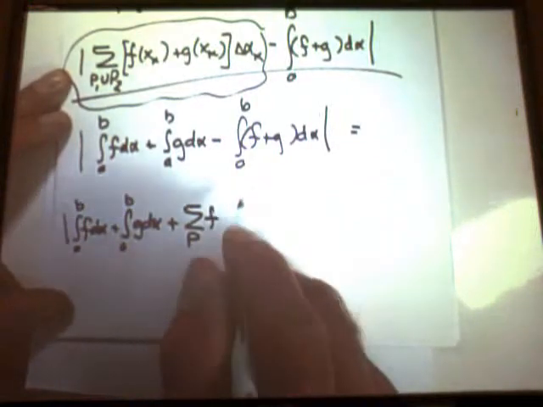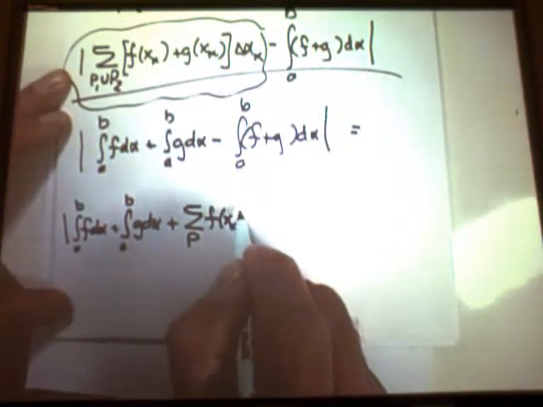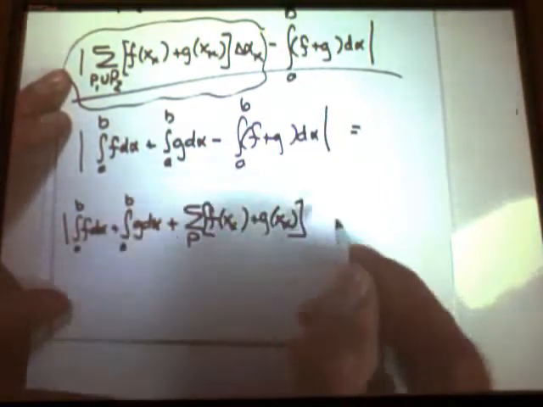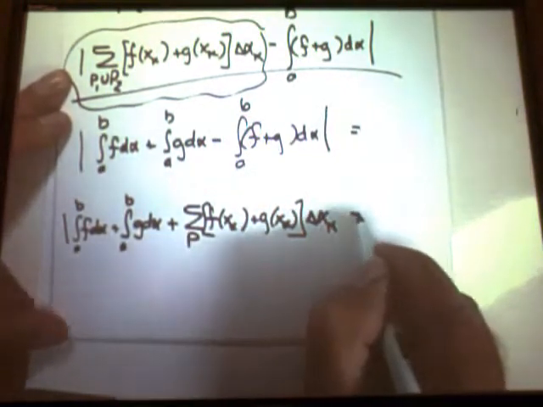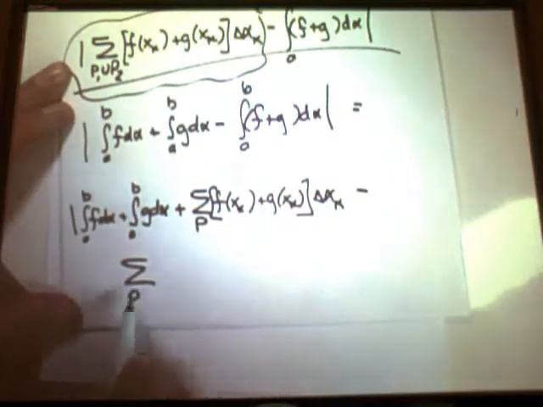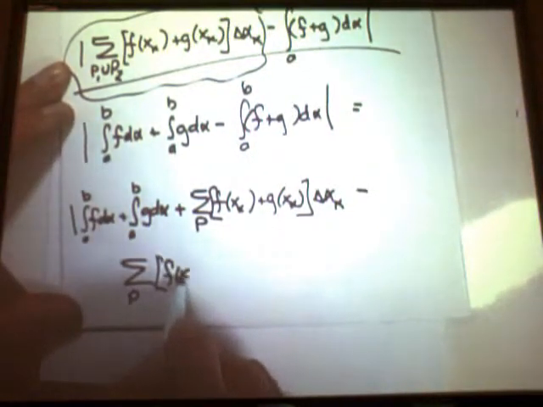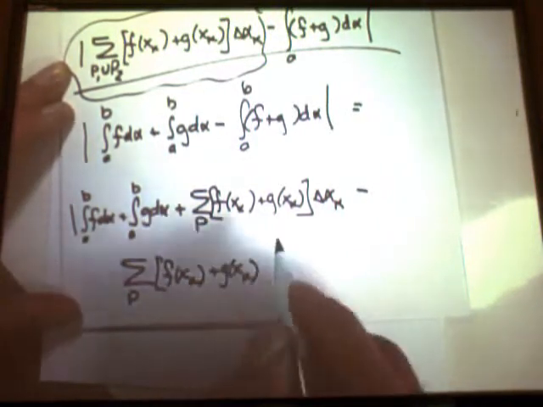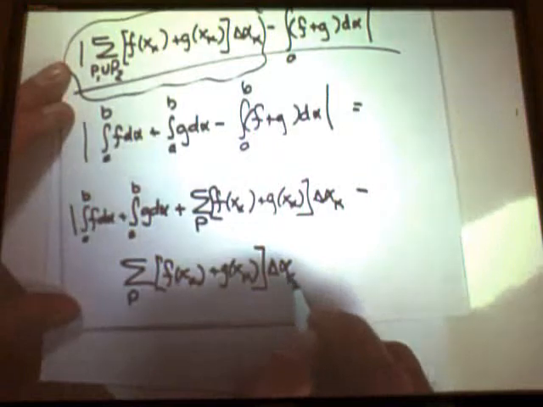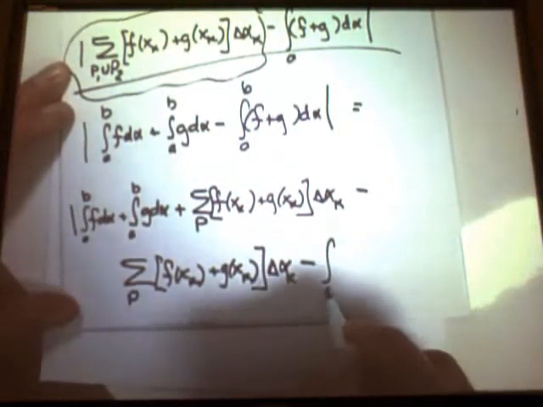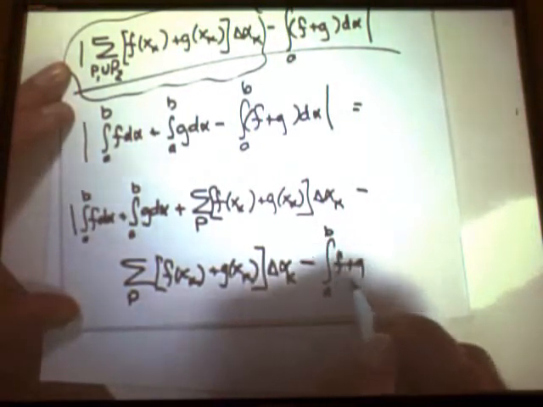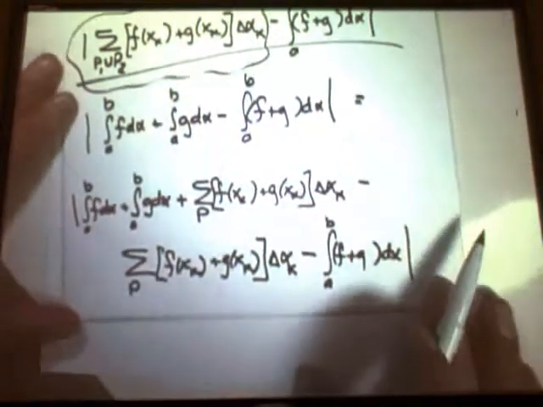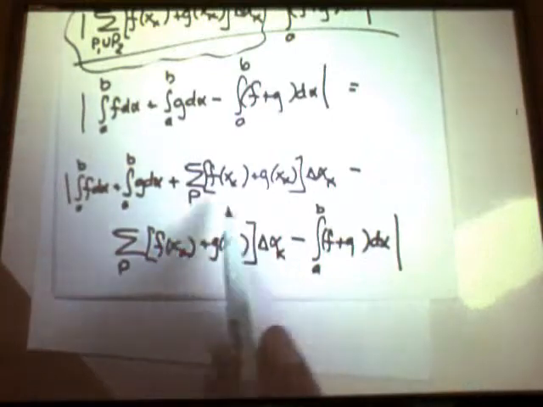And I'm going to have [f(xk) + g(xk)] Δαk minus exactly the same thing, minus integral from a to b of (f plus g) dα. Okay, so all I've done is add and subtract this term.